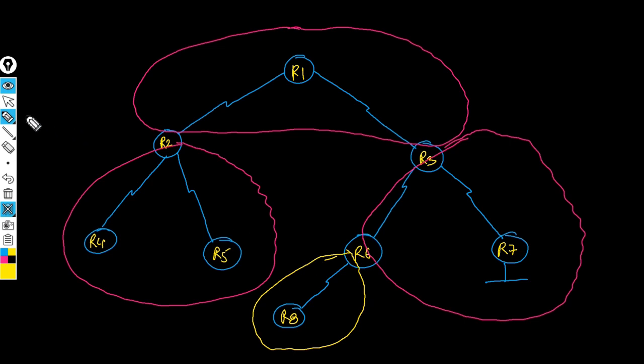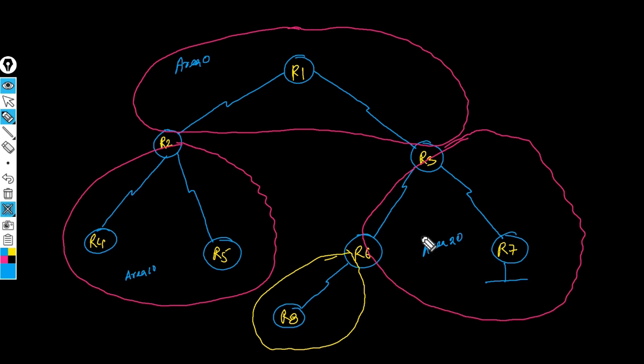Now let's see. Consider this is my area 0, this is my area 10, and this is area 20. You can keep 10, 20, 30, 40, whatever numbers you have.